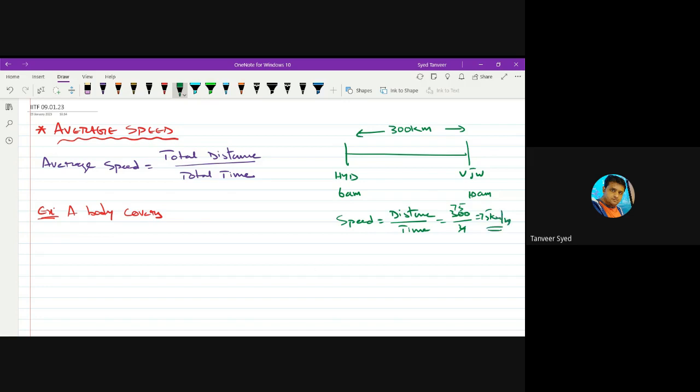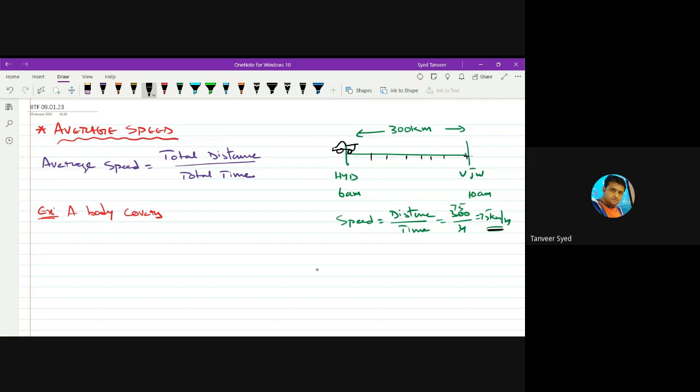But if you try to visualize this situation practically, you started in your car exactly at 6 a.m. This 75 kilometer per hour means that throughout your journey, 6 a.m., 7 a.m., 7:30 a.m., 8 a.m., 9, 9:30, 10, all around the time, you traveled with a constant speed of 75 kilometer per hour.